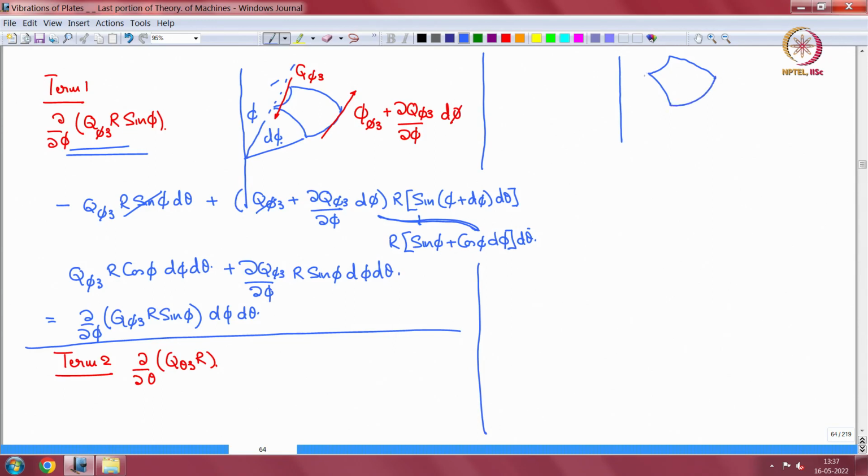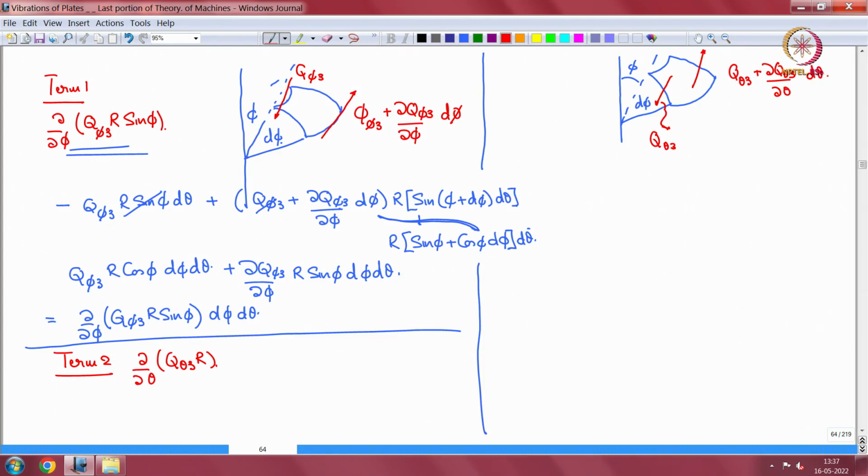This is my phi, d phi, then q theta 3 is in the downward direction here, and then q theta 3 is augmented: q theta 3 plus del q theta 3 by del theta d theta.